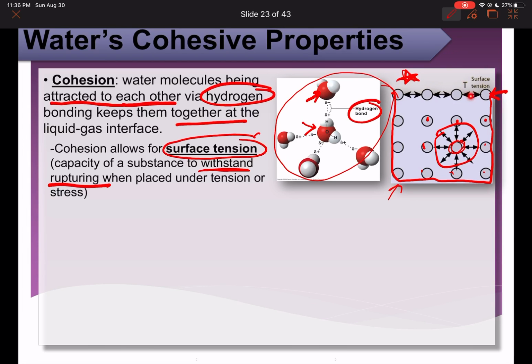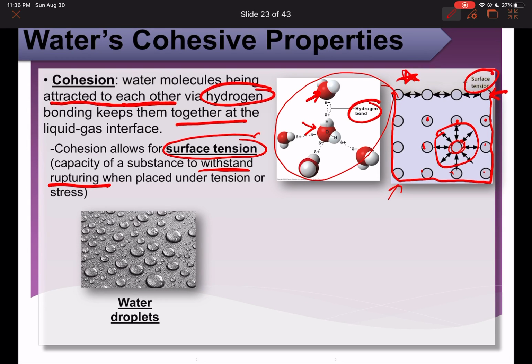So these water molecules on the surface of the container are attracted to each other like this, but nothing else can attach to them on the other side, in the environment or the air. That's why this attraction between these water molecules creates something called surface tension.